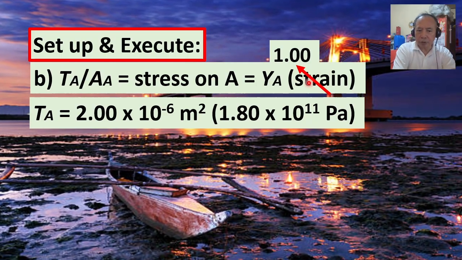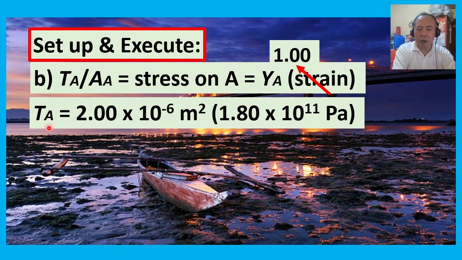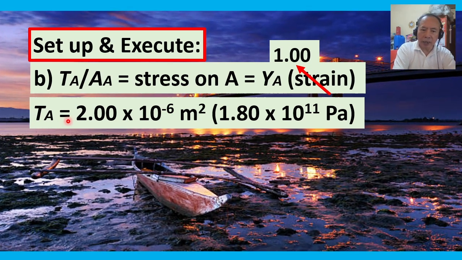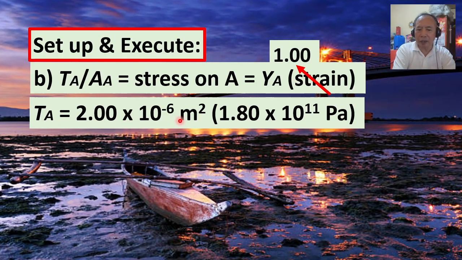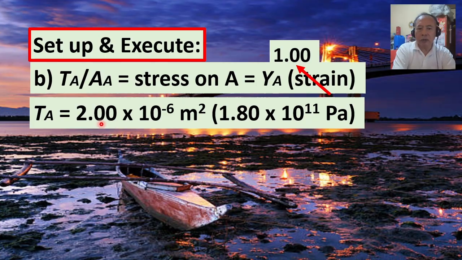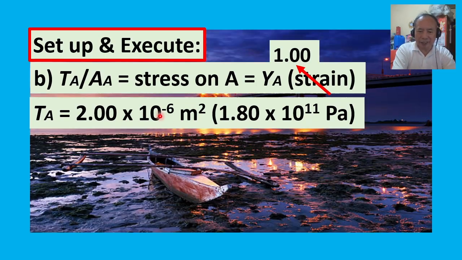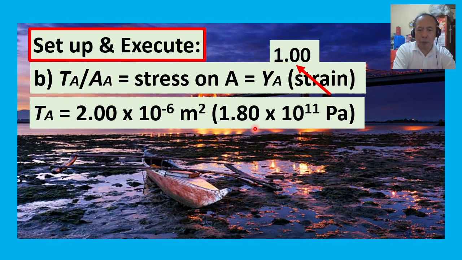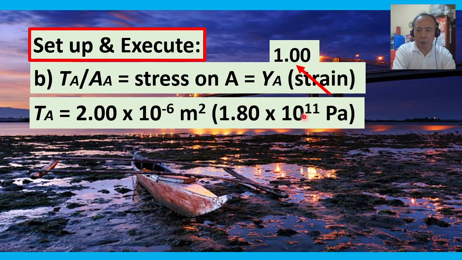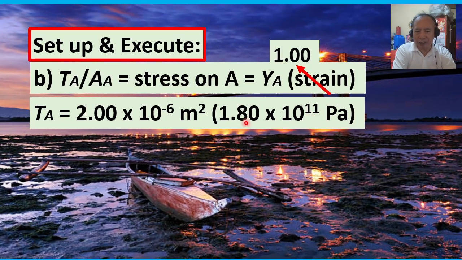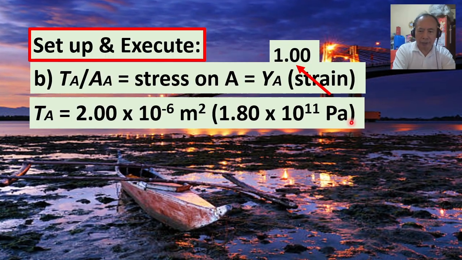So we can express the tension in wire A, T sub A, as the product of the cross-sectional area of wire A, already expressed as 2.00 times 10 raised to the negative 6 meters squared, multiplied by the Young's elastic modulus of wire A, 1.80 times 10 raised to the 11th power Pascal.